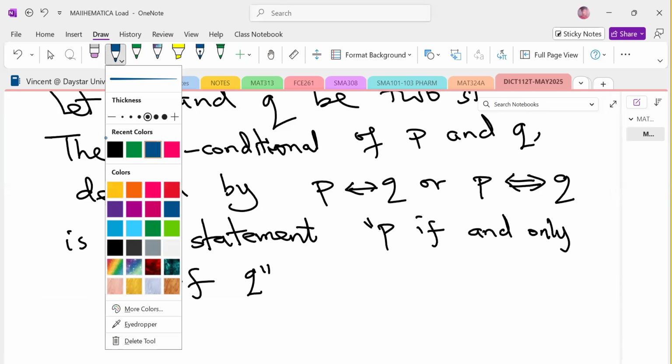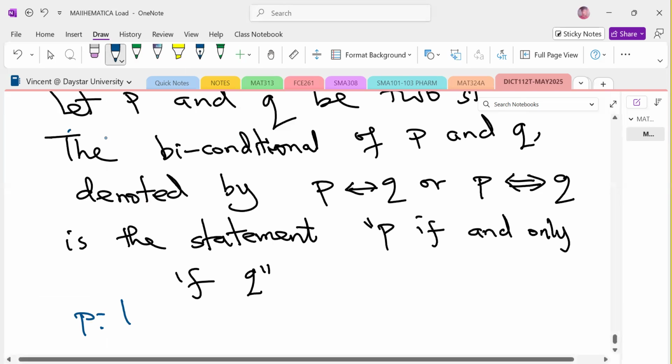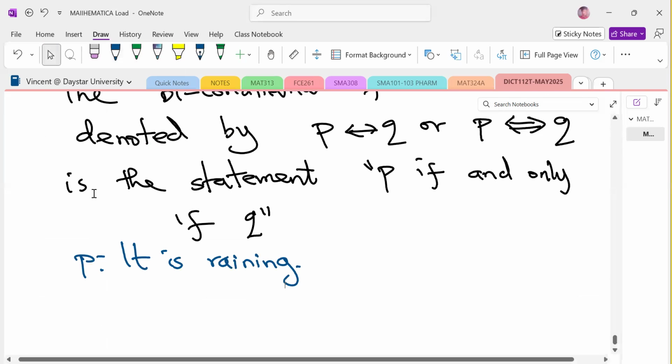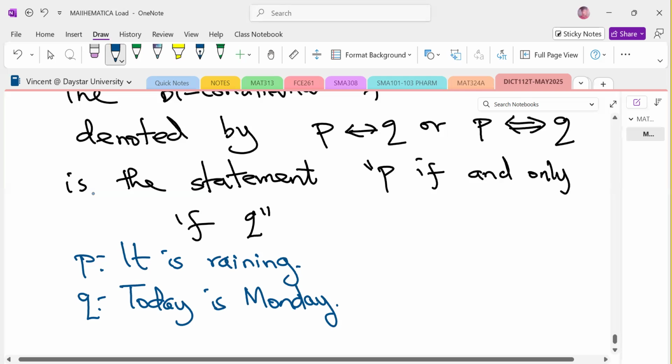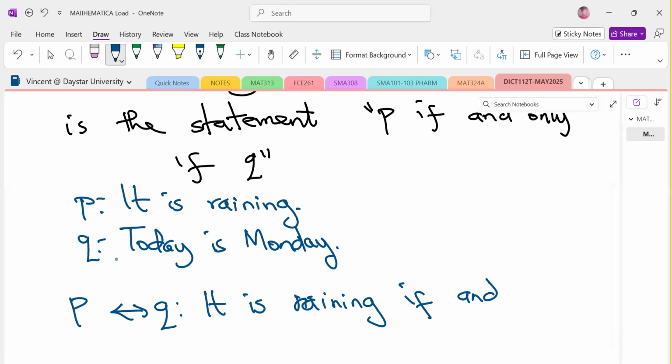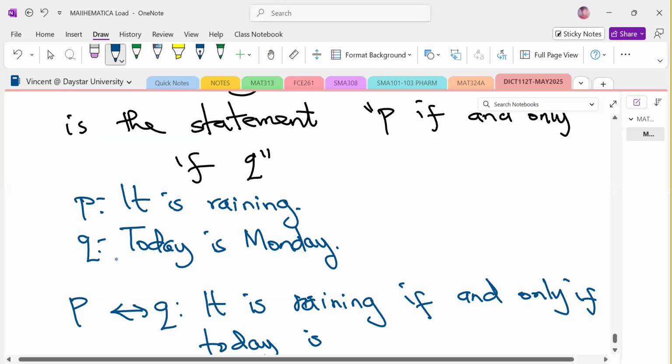So for example, if I have P as the statement, it is raining, and I have a statement Q, today is Monday, then this will mean it is raining if and only if today is Monday. So that's the meaning of that.